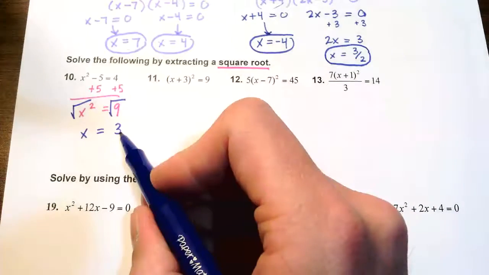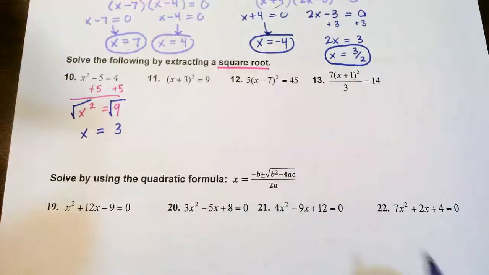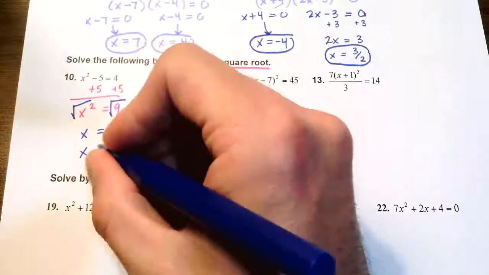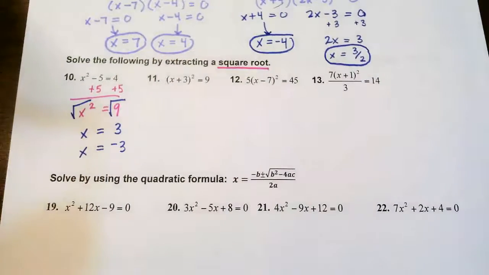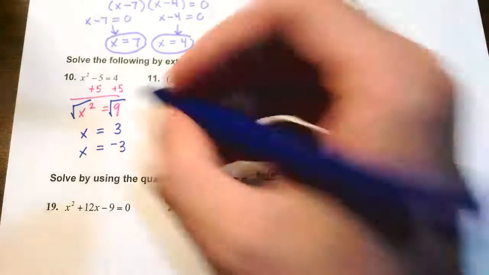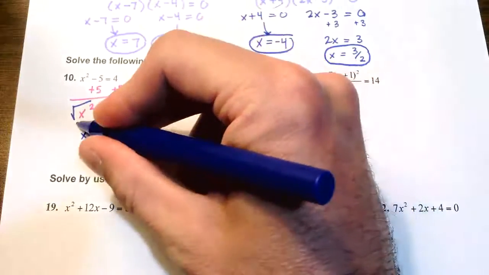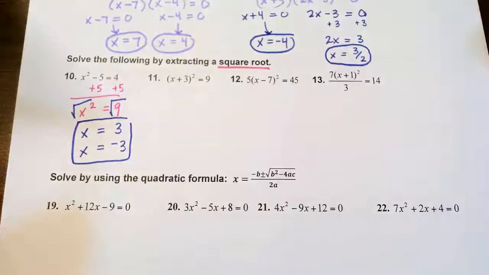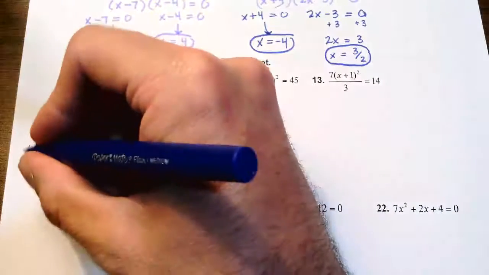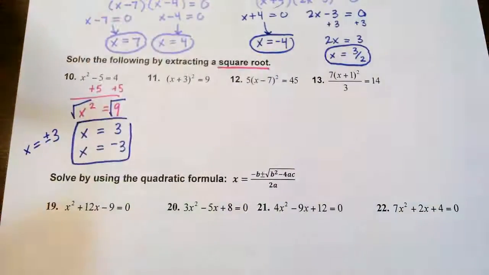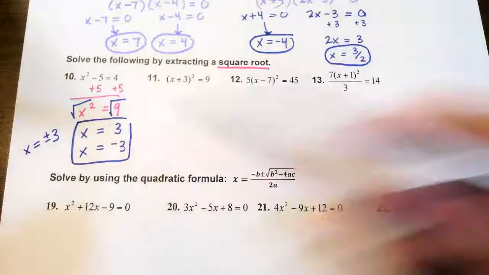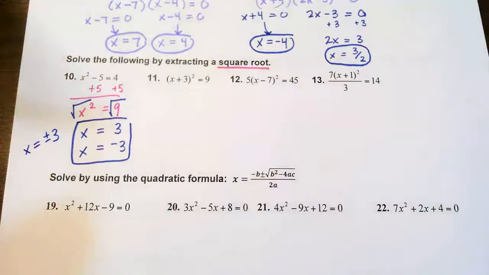We usually only talk about this positive root, the principal root, but it's also true that -3 is also the square root of 9. And when we're solving, we really have to pay careful attention to that. So we get 2 solutions here. Sometimes people just write this in one way. They write that x is equal to plus or minus 3, positive or -3, same thing. But both of these solutions would work.